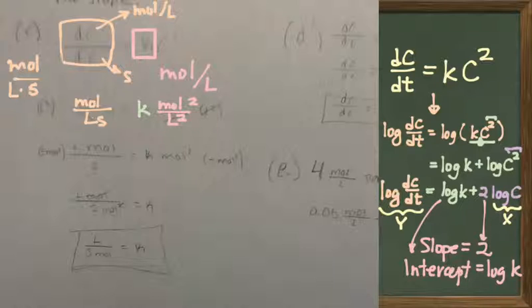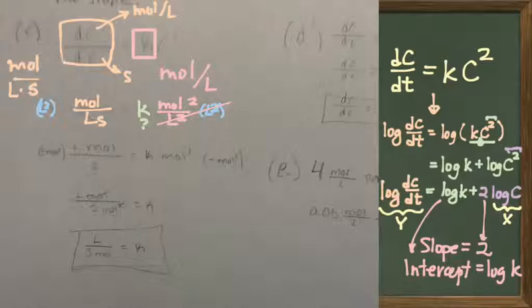Well, we needed to isolate the K, so we multiplied liters squared on both sides. Okay, multiply by liters squared on both sides. And that has the effect, on the right-hand side, of getting rid of liters squared.